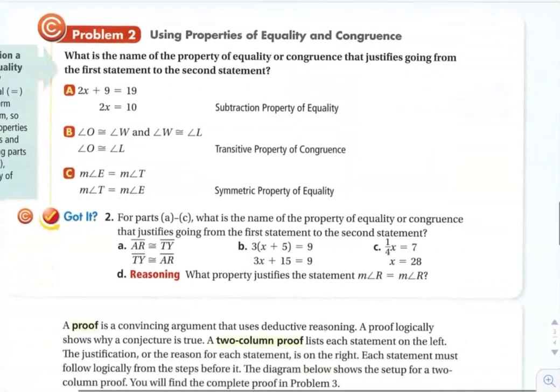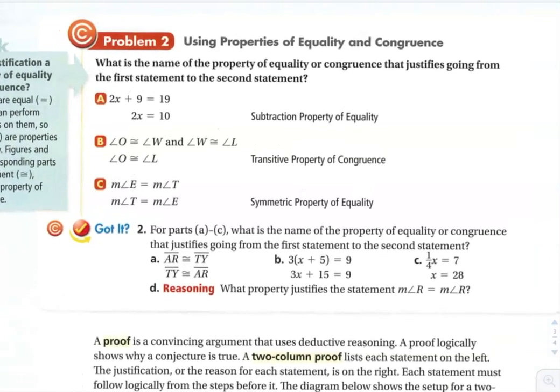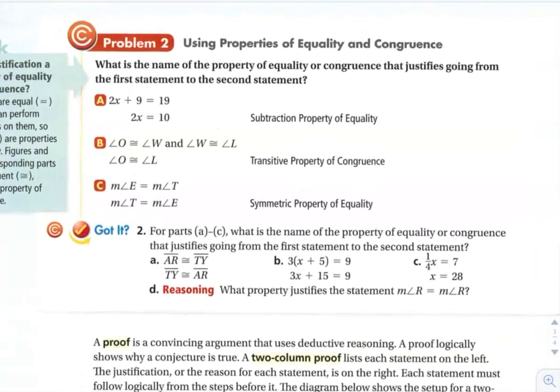Well, let's take a look at problem 2, apply it here. So what is the name of a property of equality or congruence that justifies going from the first statement to the second statement? Really, to know whether you're dealing with equality or congruence, just look at the sign, right? So if you have that, that's an equal sign versus congruence. It's like that.